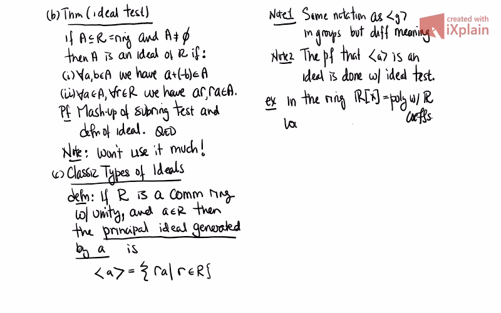Let's look at the ideal generated by x squared. So x squared is a polynomial. It's something in that ring. So this is what we have, the principal ideal generated by x squared. So this is the set. I take anything in the ring, so any polynomial, and I multiply by x squared.